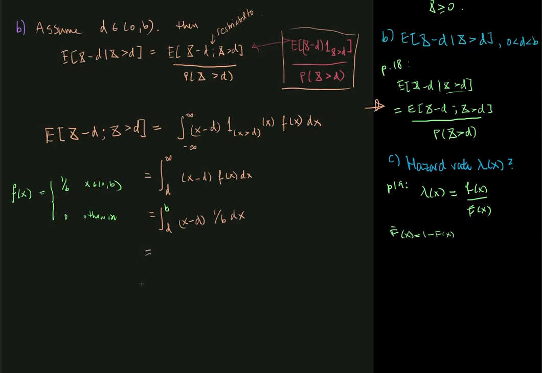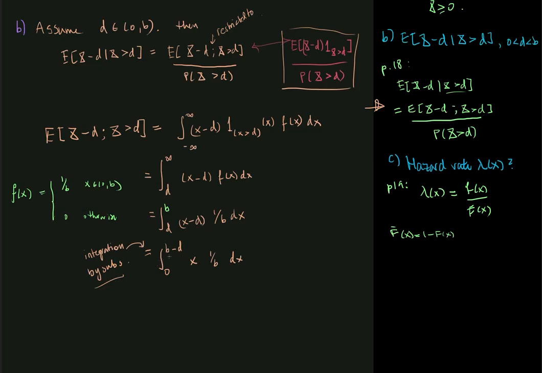Now we can do a bit more tricking here because we integrate x minus d from d to b, right? That is the same as integrating x from 0 up to b minus d. So here we do integration by substitution. As soon as you get used to this, this won't look mysterious at all.